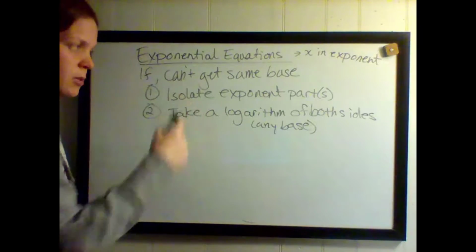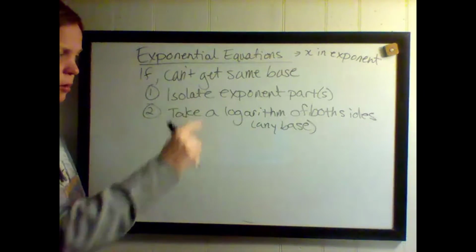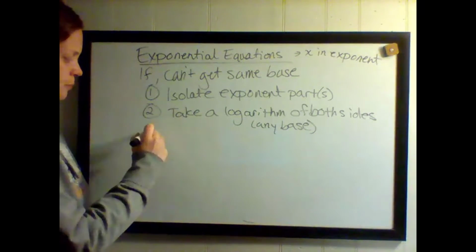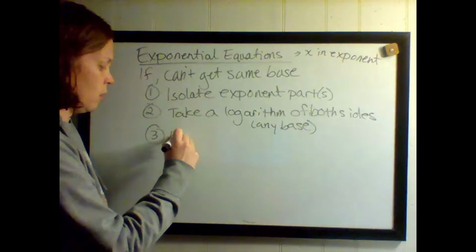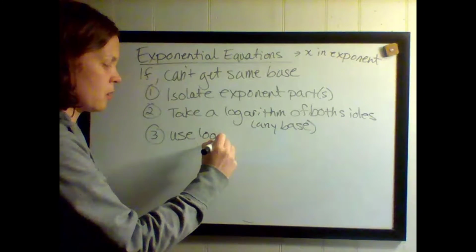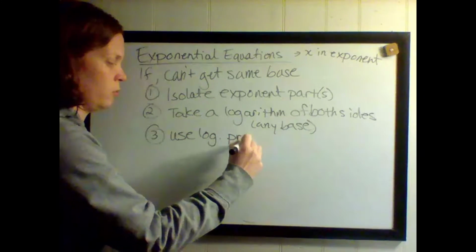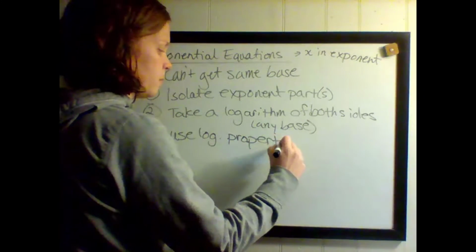Depending on what the base of the exponent is, usually that's going to help us figure out what logarithm to take. And then from there, typically we're going to use the logarithm properties to solve.